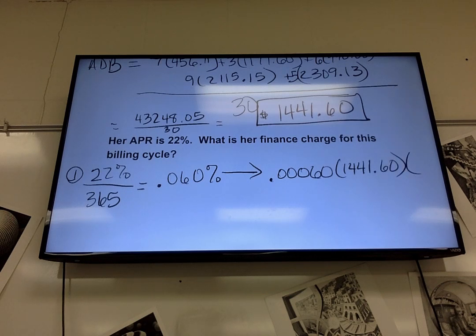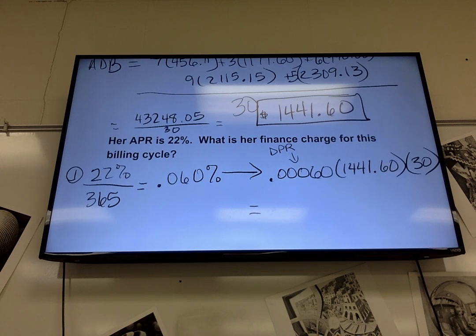And we also multiply it by something else. Do you remember what? It helps. This is the daily percentage rate. Number of days. There you go. So you need the number of days.